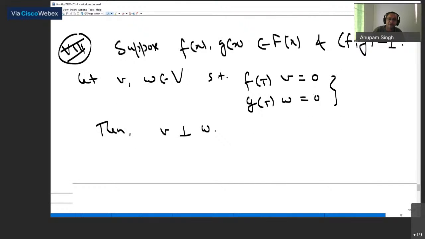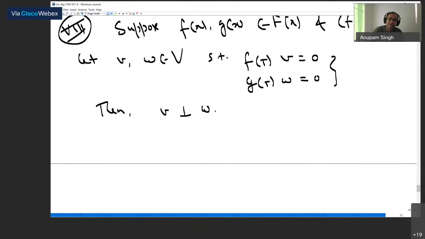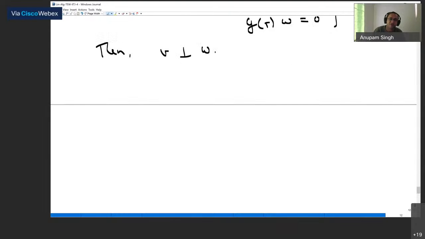This is a very interesting consequence. We use this kind of thing when we are trying to prove the primary decomposition, so it is the analog of that here in the general setting. So let's prove this.